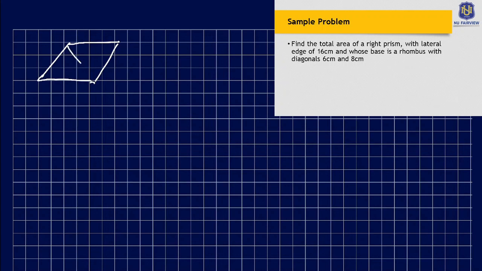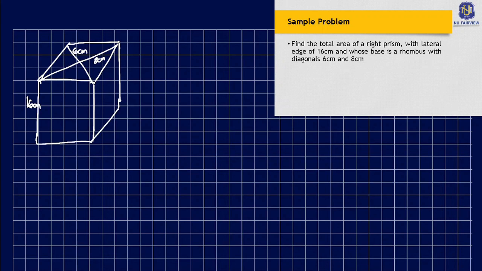So, sabihin natin na meron kayo dito 6 cm. And here, we have naman 8 cm. And meron kayo right prism na may lateral edge na 16 cm. So, drawing naman natin dito yung inyong lateral edge. At ang sabi, 16 cm daw ang kanyang sukat.